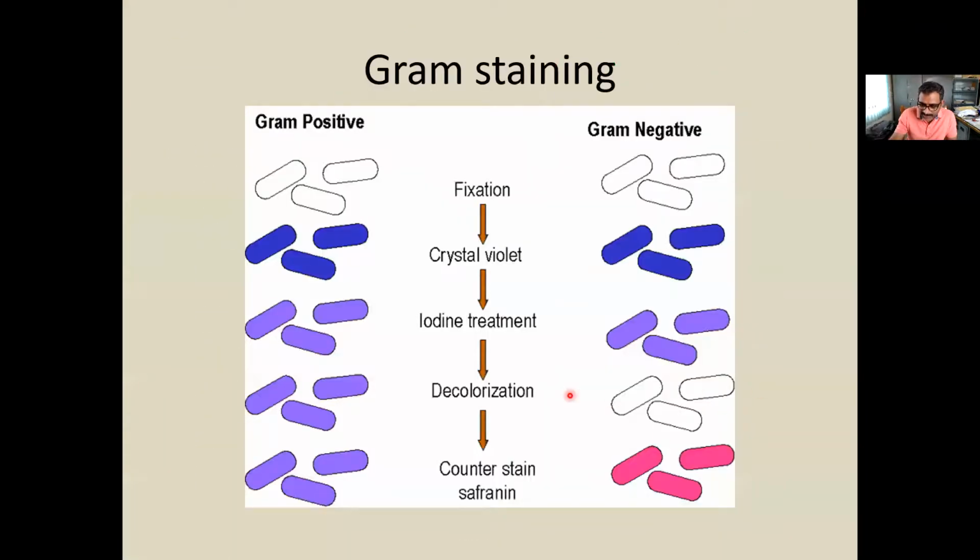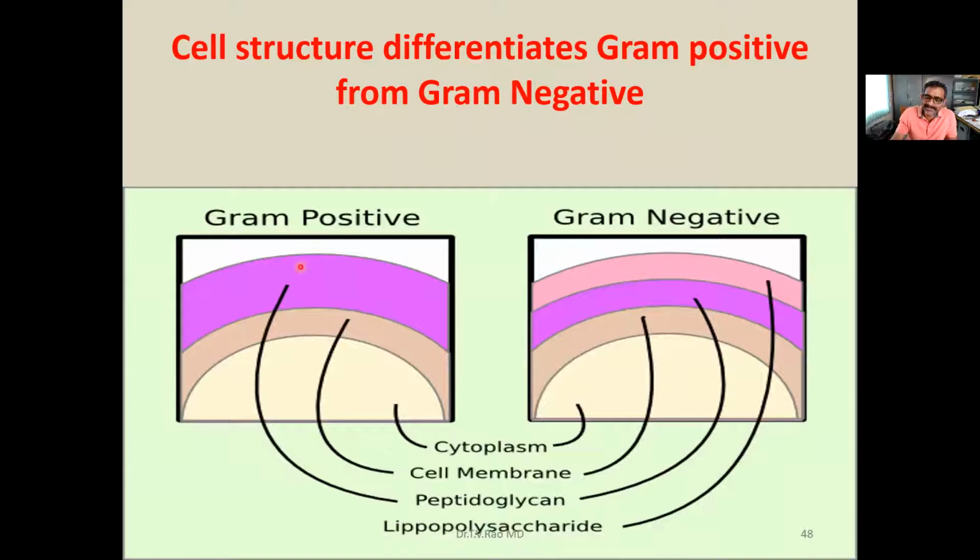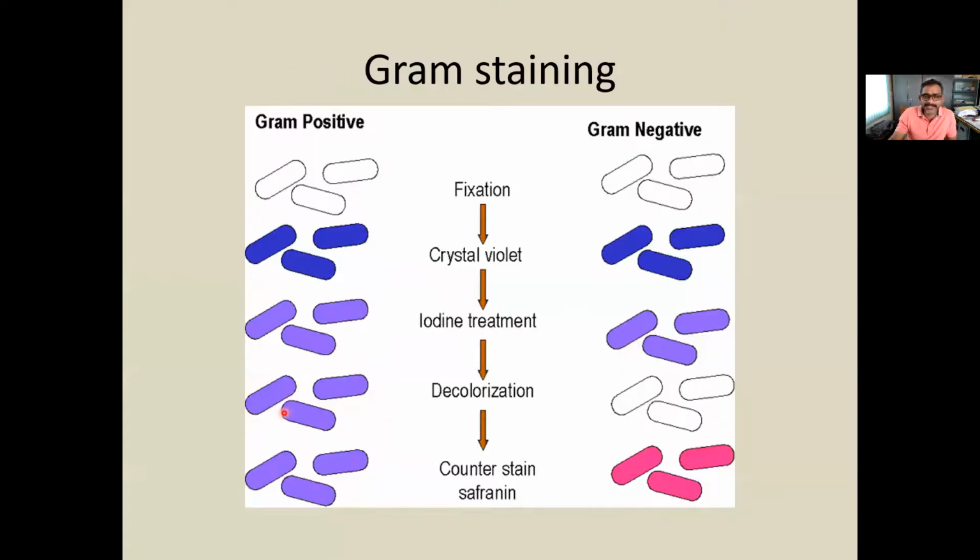Whereas gram-positive bacteria don't have much fat, so the pores formed are very small. These small pores cannot remove the crystal violet iodine complex, so it retains the crystal violet stain and looks blue in color. When you counter stain with safranin, since the gram-negative bacteria has lost the stain, it is receptive to another stain.